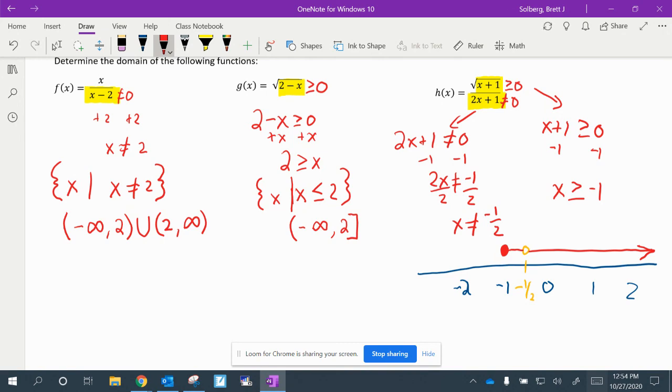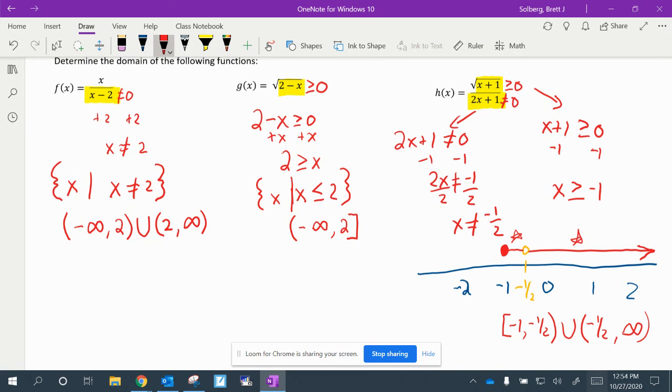To do this in interval notation, there's an interval right here, and then there's another interval right there, and I just need to join those together. Negative 1 is inclusive, so I'm going to go from negative 1 to negative 1/2, but not include negative 1/2. That's the first part. The second part is negative 1/2 all the way to infinity, and we're just going to join those together. And that would be how you do the domain if you have both of them.